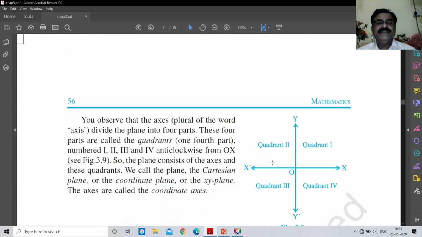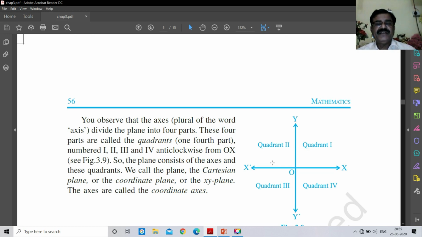You observe that the axes divide the plane into four parts. These four parts are called the quadrants. That is, the plane is divided into 4 parts, numbered 1, 2, 3 and 4 anti-clockwise from OX.